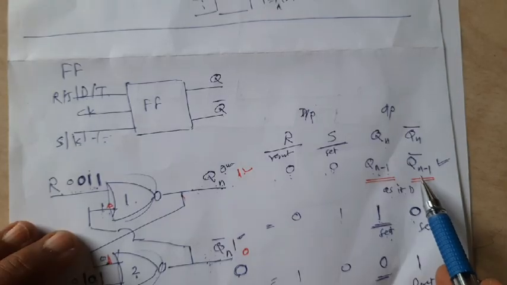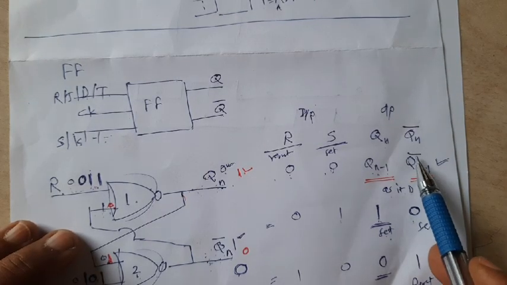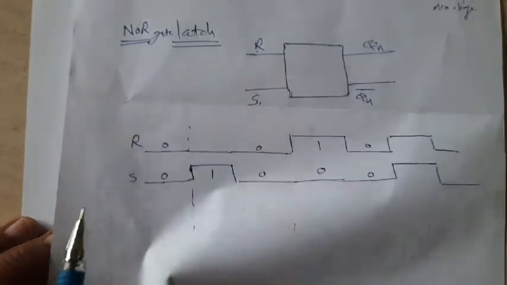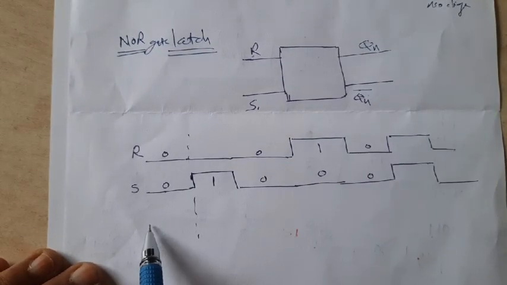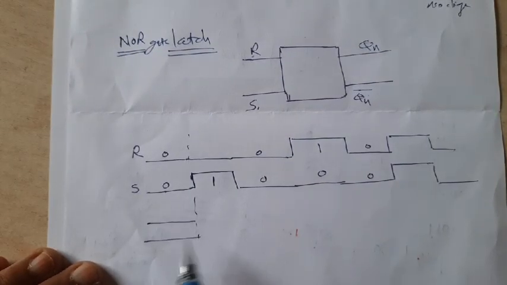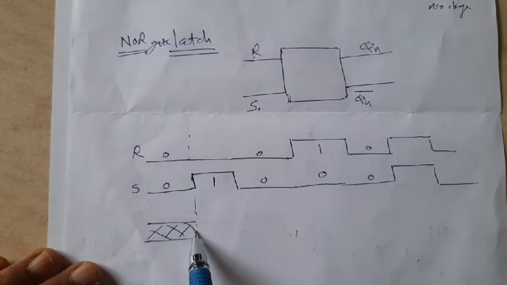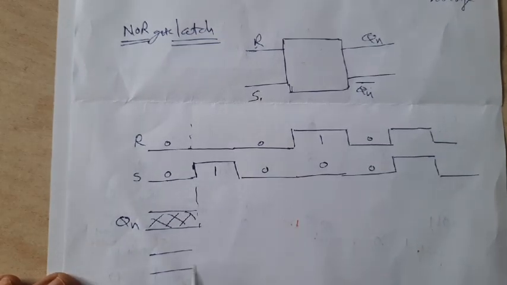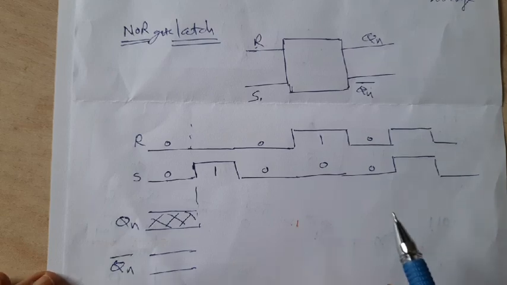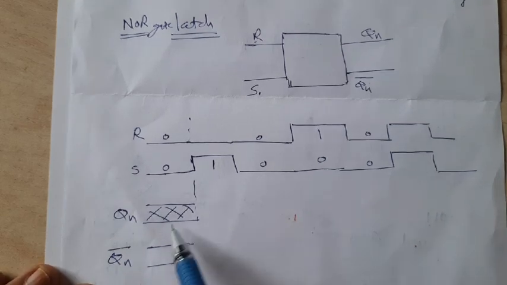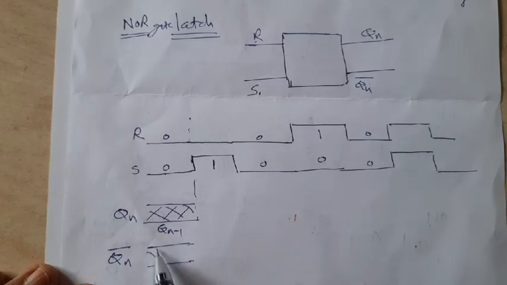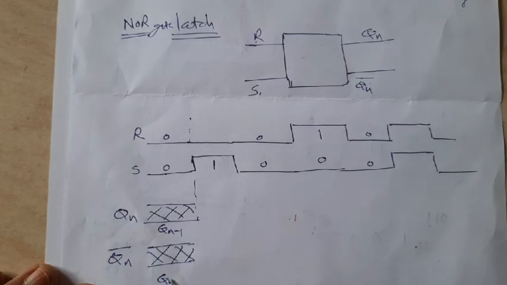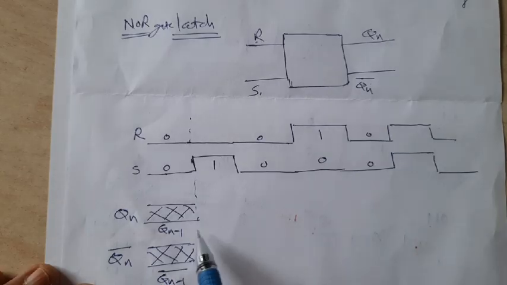Similarly Qn bar remains as previous. Here I don't know the previous state, so I represent it like this: this value is Qn minus 1 and this value is Qn minus 1 bar.